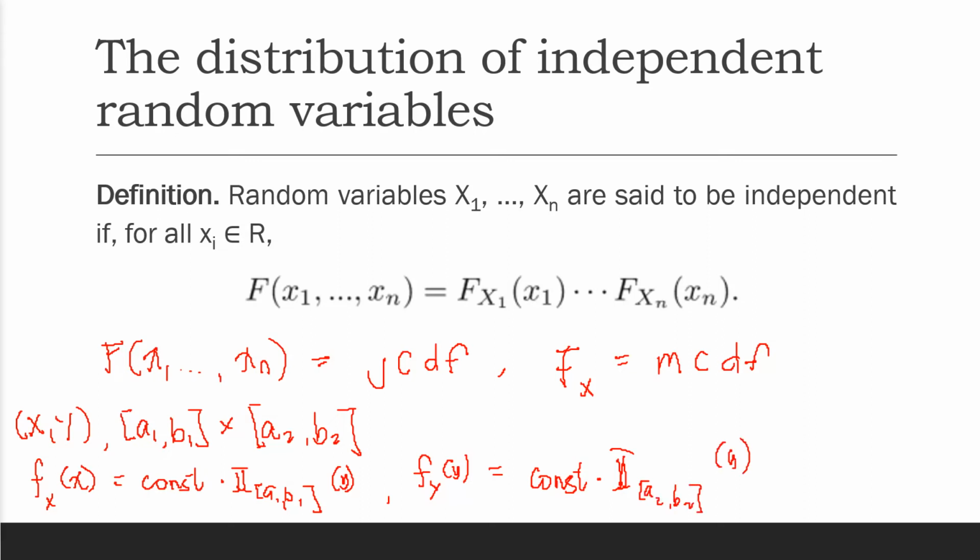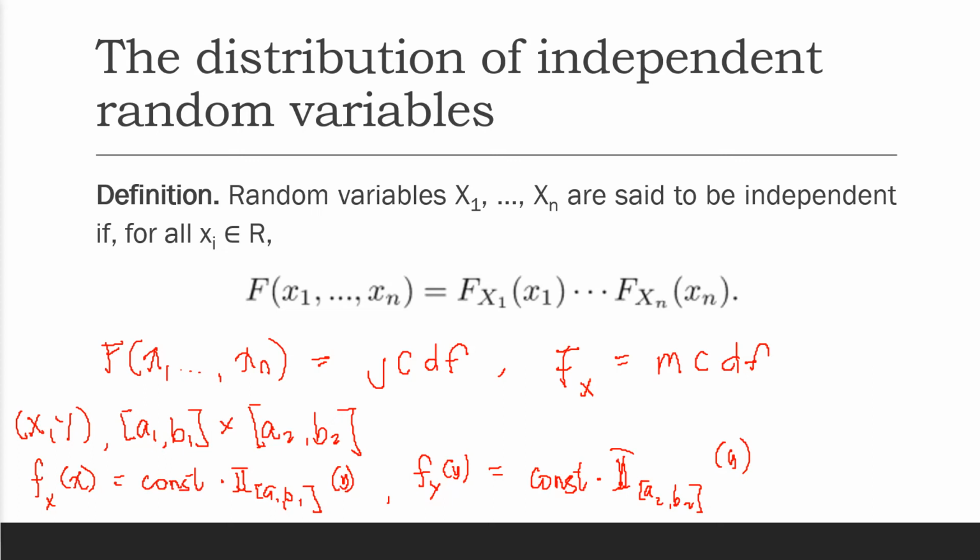It follows from the independence assumption that the random vector (x, y) has a density f of (x, y) equal to f of x in terms of x times f of y in terms of y.